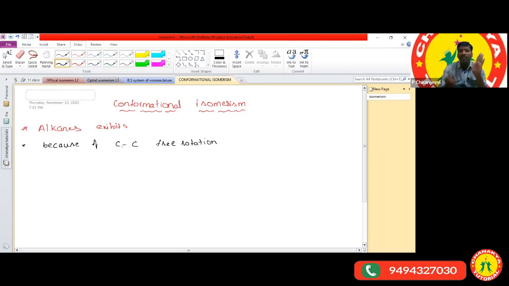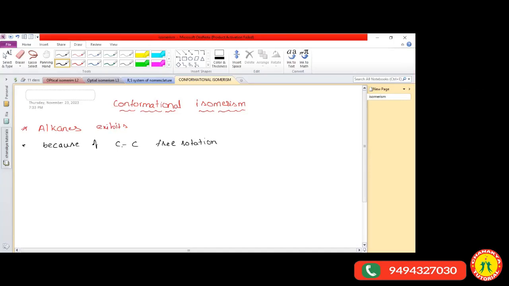We can easily rotate. Let us consider this is one carbon atom, and this is one more carbon atom. These two are connected with a sigma bond. Whatever is in the middle, you can consider it as a sigma bond. Now, if I keep it like this, is there any possibility to see one carbon behind another carbon, to see the two carbon atoms at a time?